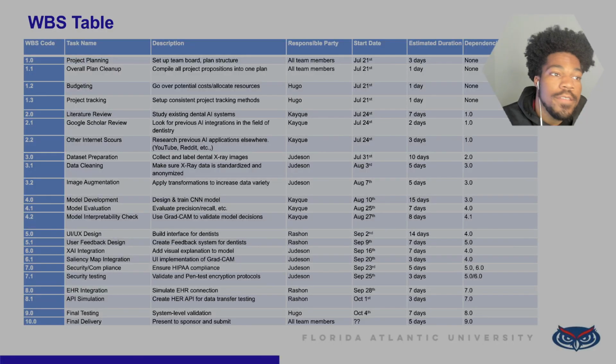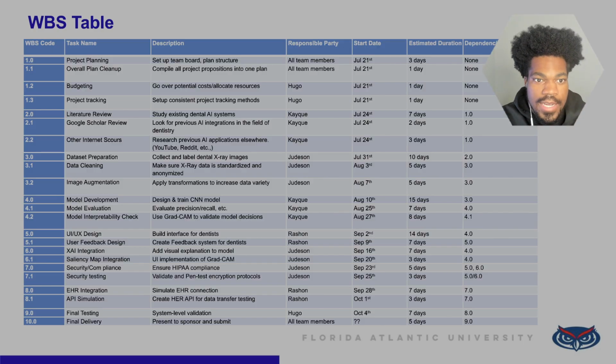Moving on, we have the WBS table, which will display and explain all of the tasks and the description of the tasks that will be taking place over the coming weeks and months, really. So we have certain things that all of our members are responsible for, such as plan structure and the project proposition into one plan.